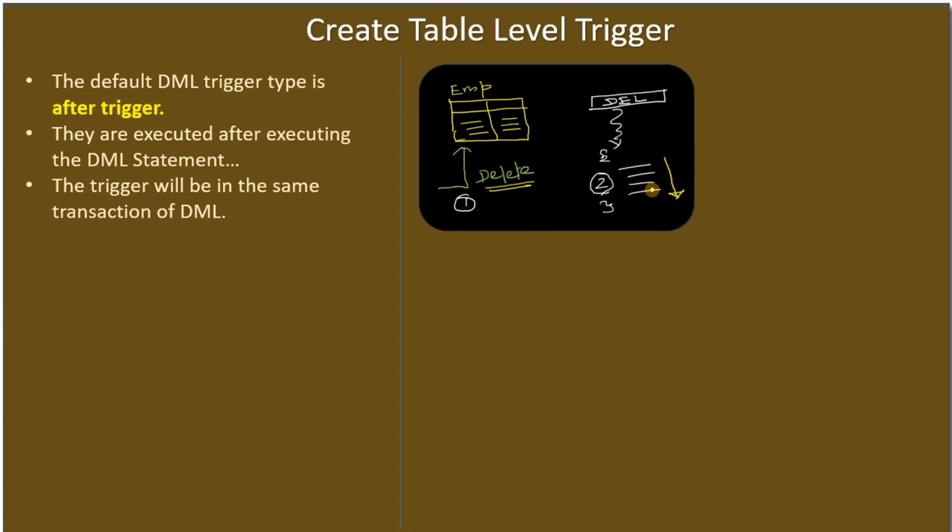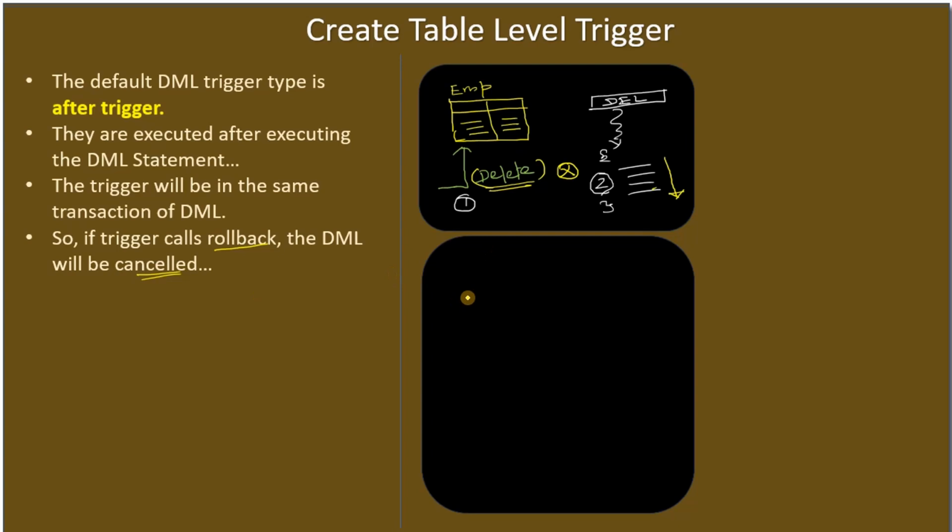So that's why when you make a call to rollback, it will cancel the actual delete operation. If the trigger calls rollback, the DML will be cancelled.